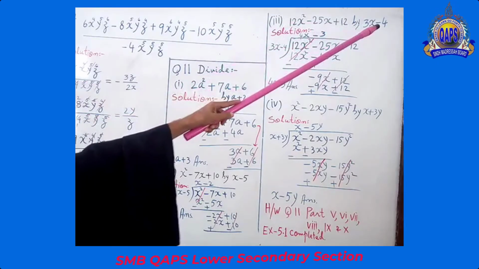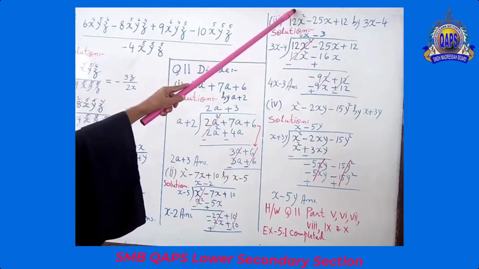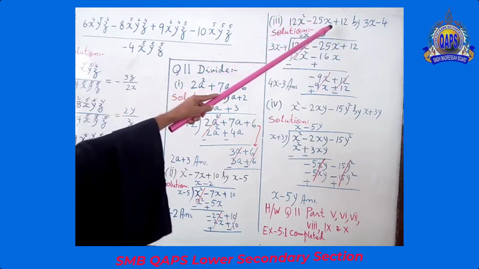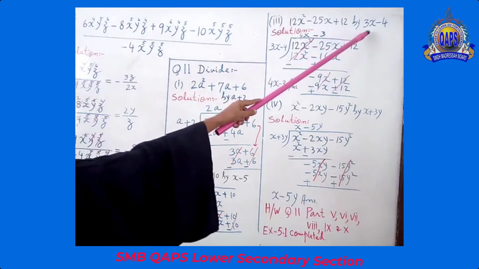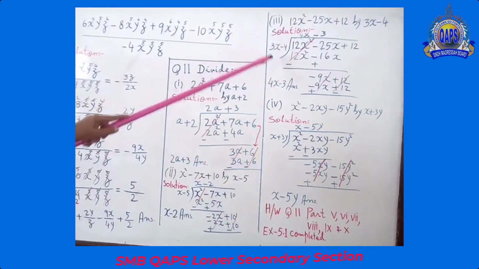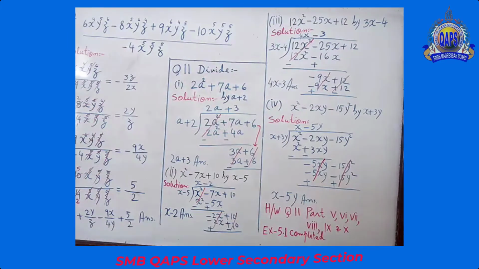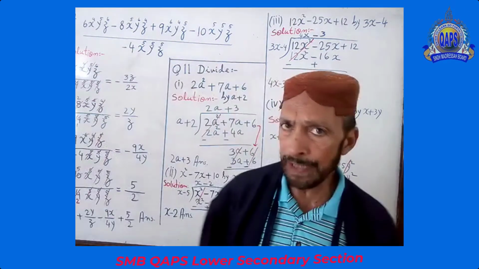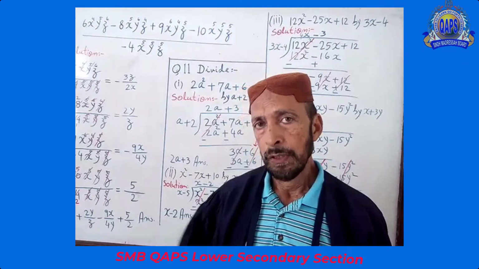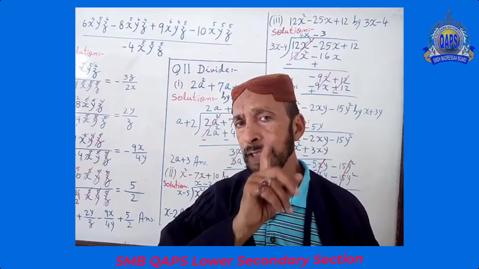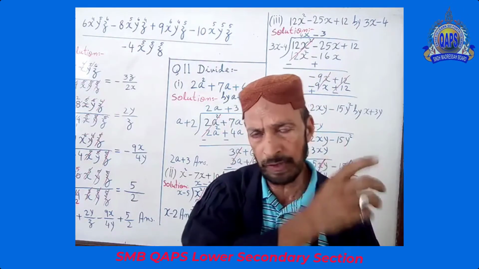Read the question. 12x square minus 25x plus 12 by 3x minus 4. Look at this thing over here. In the light of solution of part 1 and part 2, try to understand that.